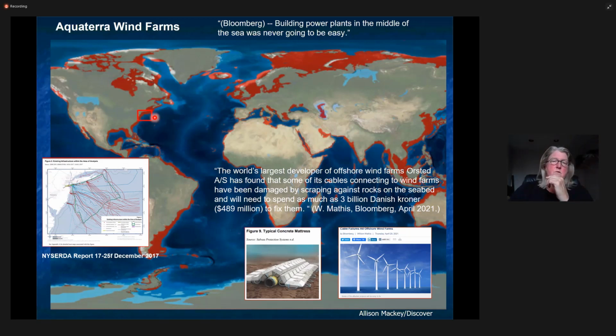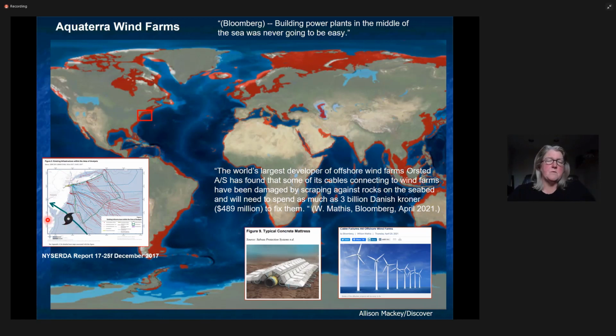Currently, there's a wind farm proposed in offshore New York, and this is a report from New York State that shows the current lines around the green area, which is the wind farm proposal. And these are undersea cables that currently exist. One of the things that you don't see on here is this. This is the track for Superstorm Sandy that came ashore in this area.